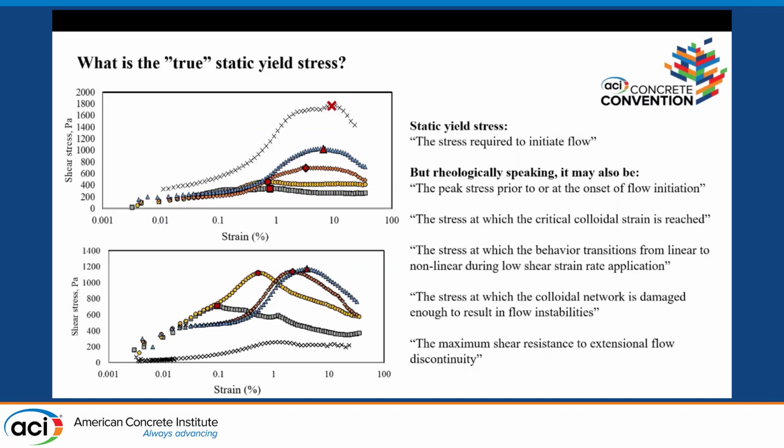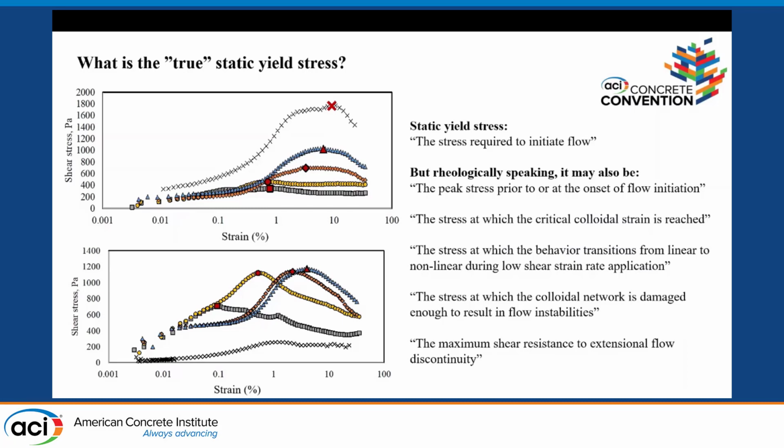And this is just another interesting point. When we talk about the true static yield stress, when we keep adding more admixtures, especially when we start introducing a lot of polymers, the stress strain diagrams shift significantly. And currently we keep the definition of the stress required to initiate flow, and we define it as the peak stress. However, that stress now happens at very different orders of magnitude in strain.